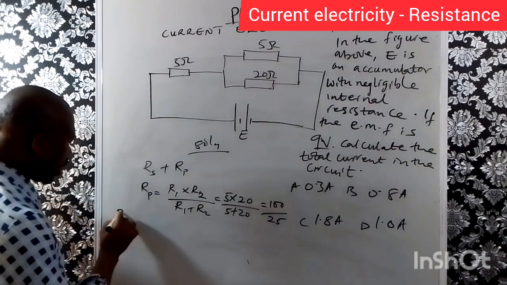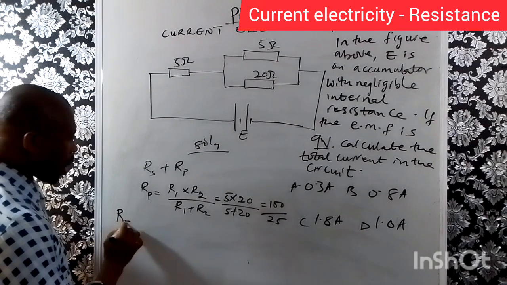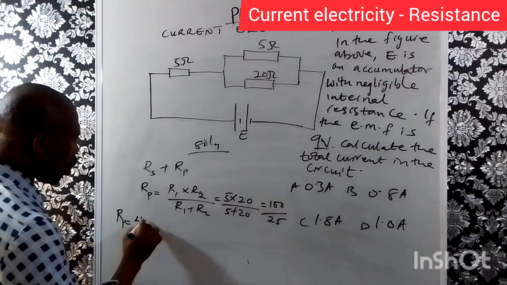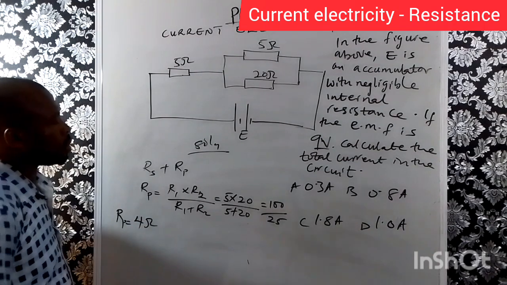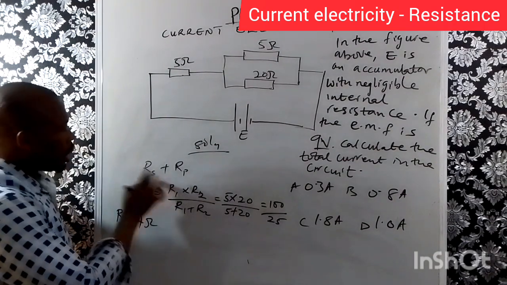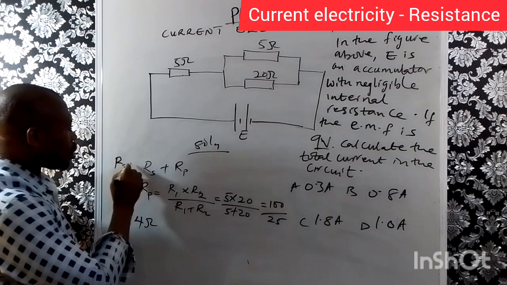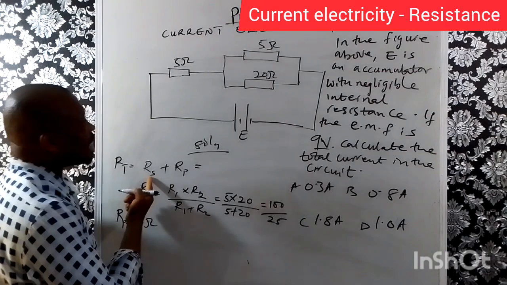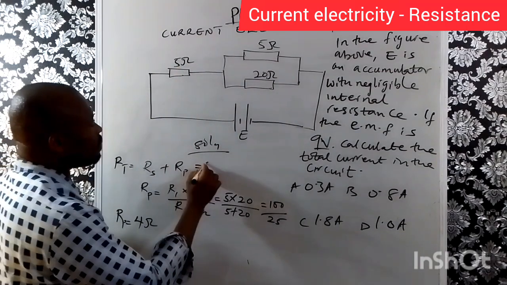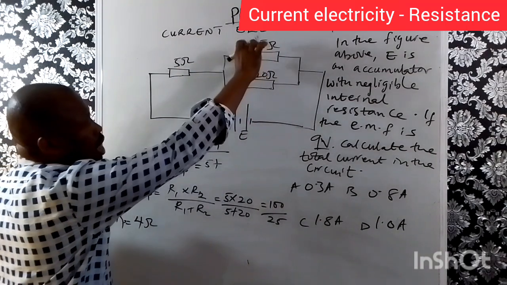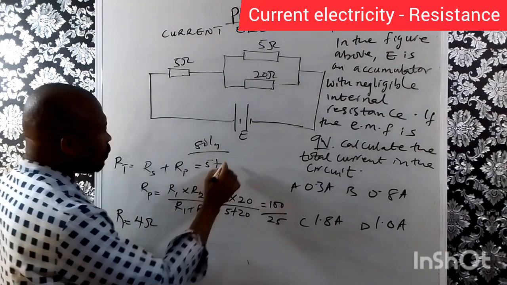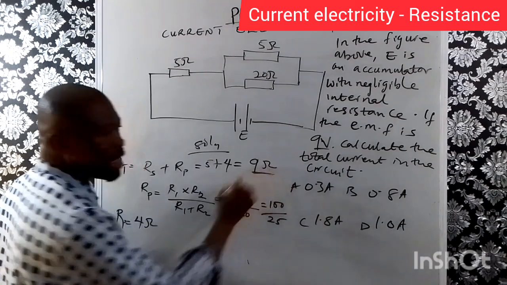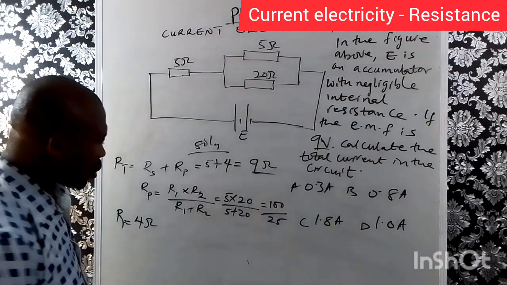Therefore, the resistors in parallel give us 4 ohms. Now, the total resistance is resistors in series plus resistors in parallel, which is 5 plus 4. If we add it, that gives us 9 ohms as our total resistance.